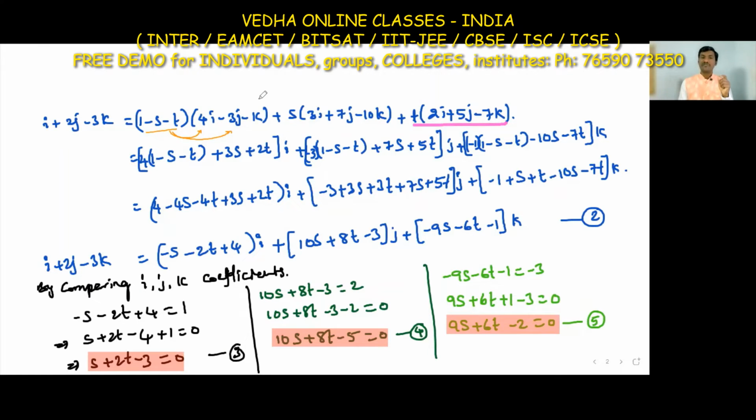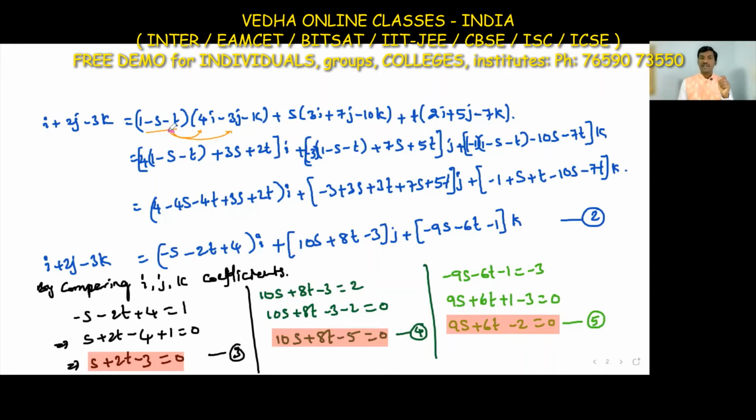Now I am simplifying. For the i coefficient, 4 into (1 minus s minus t), then we get 3s, and after that 2t into i.